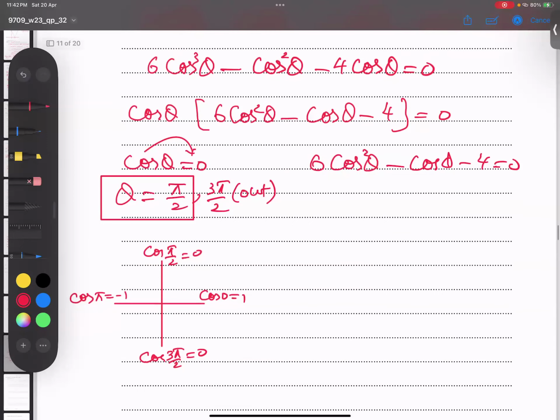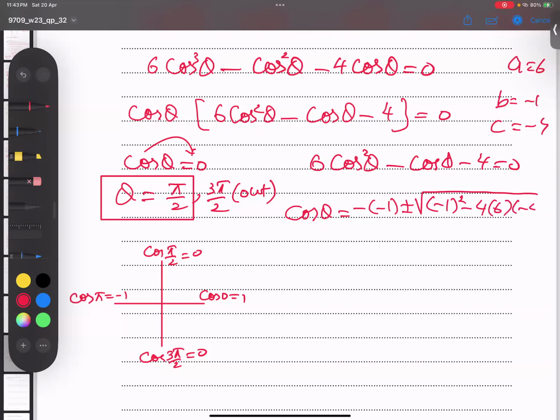Now, what about the other one? 6 4s are 24. I think we have to go for the quadratic formula. I write cos theta equals negative b plus or minus, and what is a, students? a is 6, I got from here. b is minus 1. c is minus 4. Then root of b square minus 4ac, over 2a.